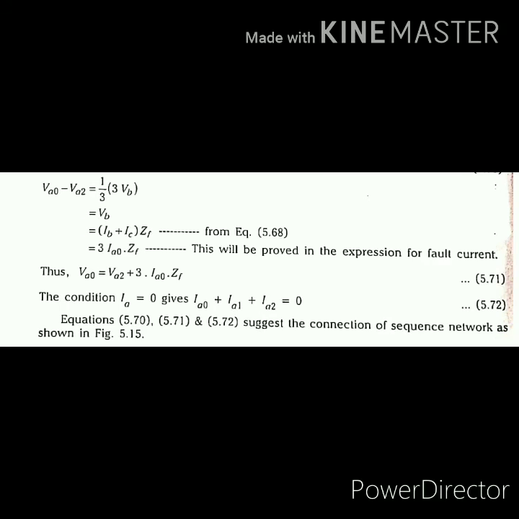Again, IB plus IC is what? 3 times IA0. This again, in the expression of fault current, the verification is being given.